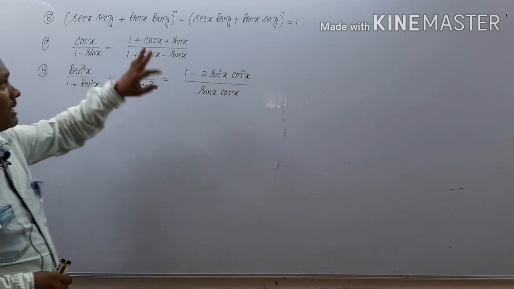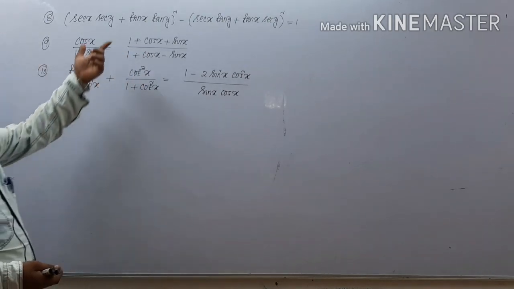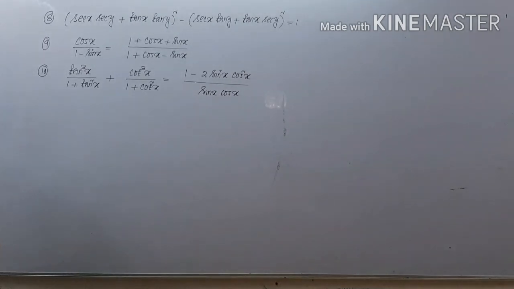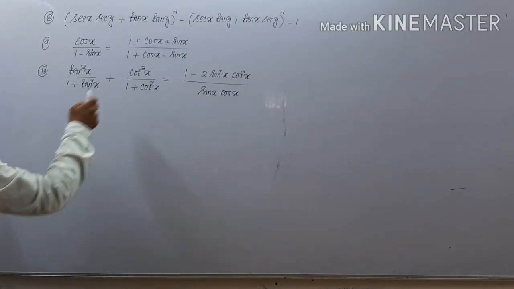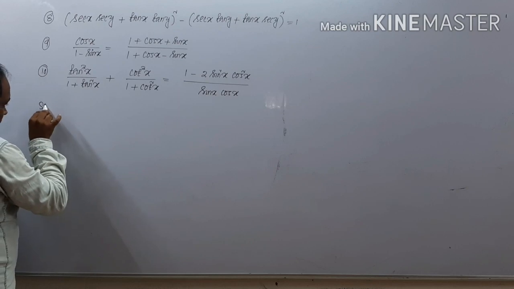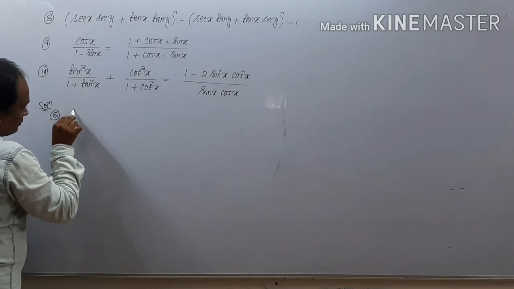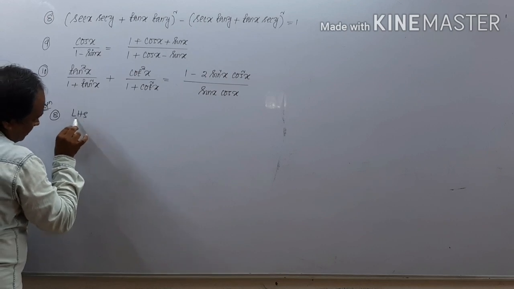You can apply a square minus b square formula. Otherwise, we can apply a plus b whole square. Here also a plus b whole square, right? So we will go for question number 8. So I have to consider left hand side, right?